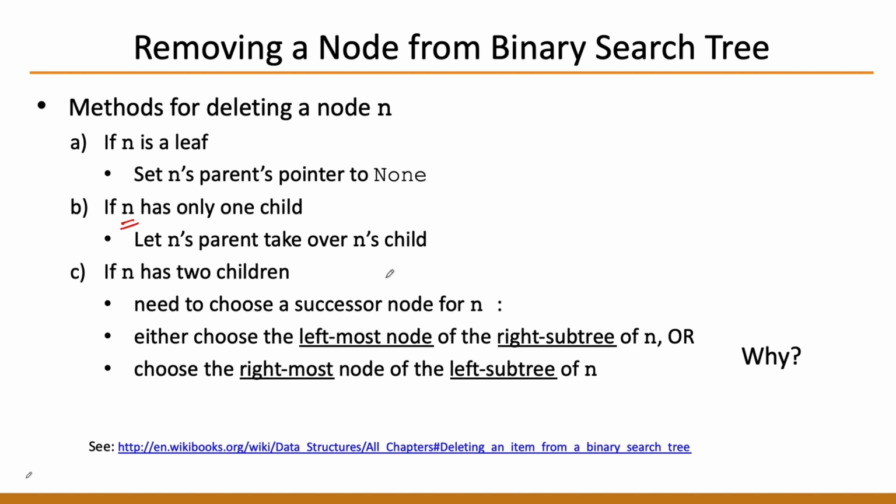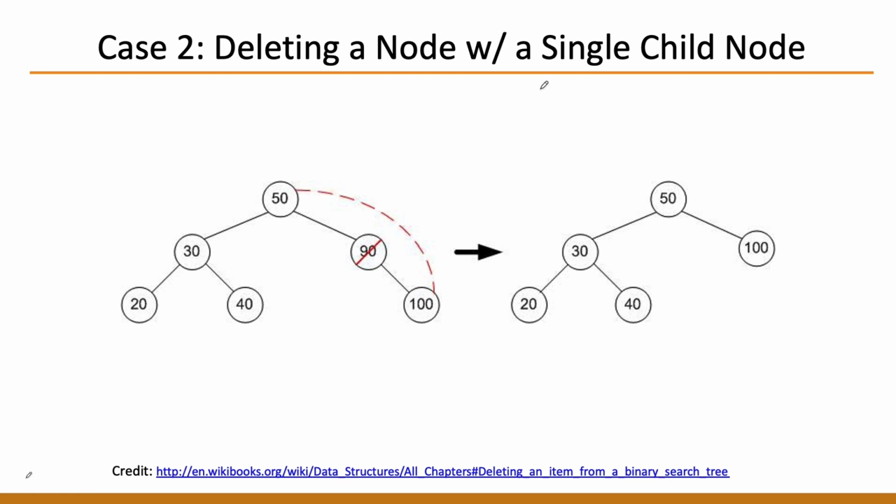Let's look at the same tree example. Let's say we intend to delete 90. We identify the parent node, which is 50, and the child node, which is 100. Then we do the reconnection. We set the right-hand side of 50 to be the child. Or this single child can be on the left-hand side, it doesn't matter.